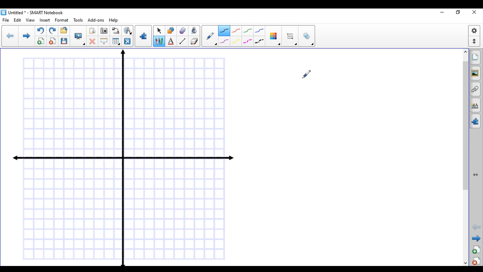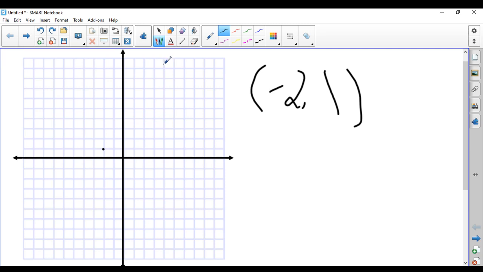Now we're going to talk about reflection. So I want you first and foremost to treat these axes like a mirror. So if I have something on the x-axis, let's say -2, 1. Cool. I'm going to treat this y-axis here as my line of reflection.